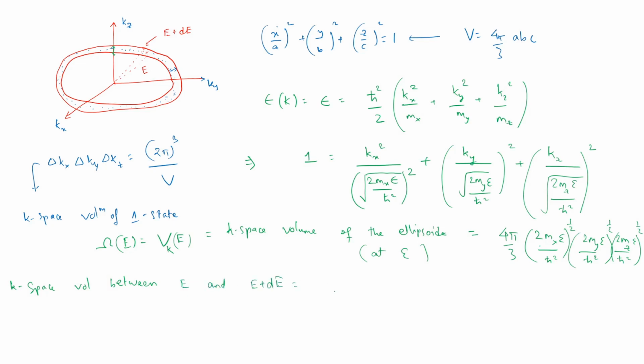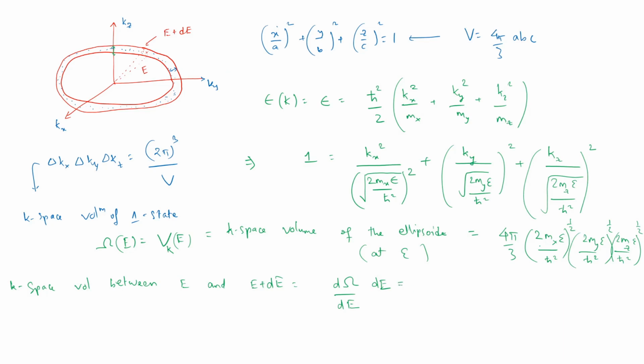So this will be given by d omega by dE. So this will be your k space volume between these two.